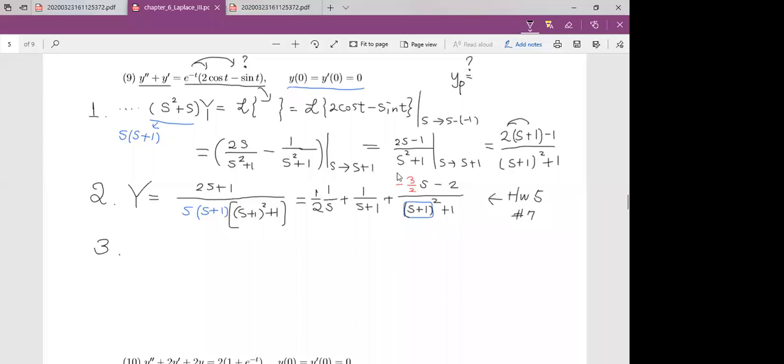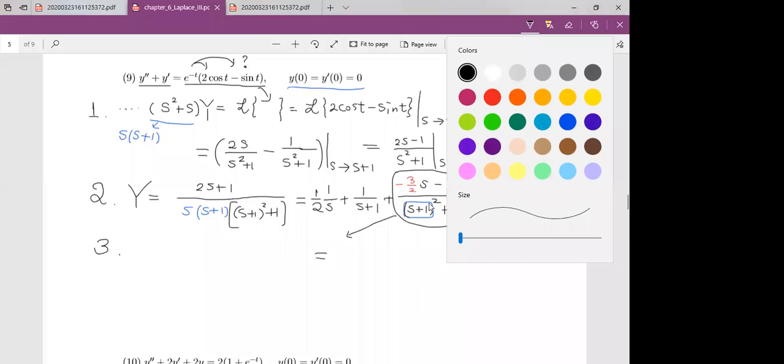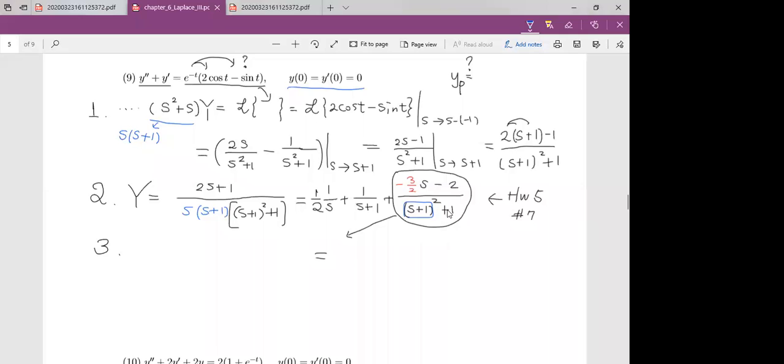So let me rewrite this here. Eventually, looking at this as (s plus 1) squared, you want to read that as a translated version, some big expression where you replace s by s plus 1, right?